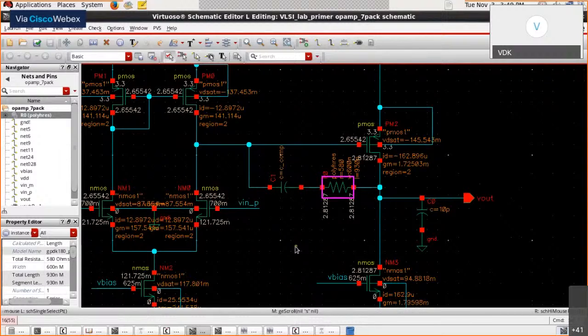So the larger the value of this capacitance, for a given GM of PM2, the smaller will be omega z. The problem is this zero happens to be a right hand plane zero in the S domain.